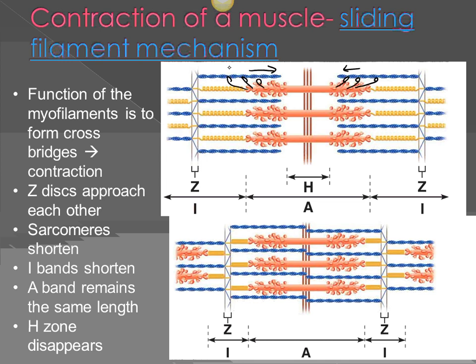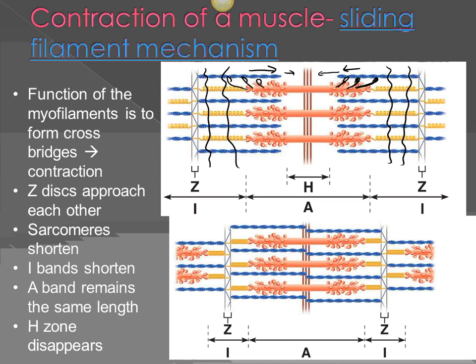Can you see this? When they pull the actin first towards the center from this position, the Z disc will move here. Right? Then they detach because they use ATP. They detach and then they attach again. So they pull the actin filament even closer now. So now the Z discs come this close. Can you understand? Okay?